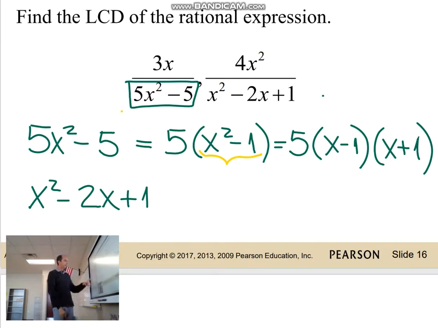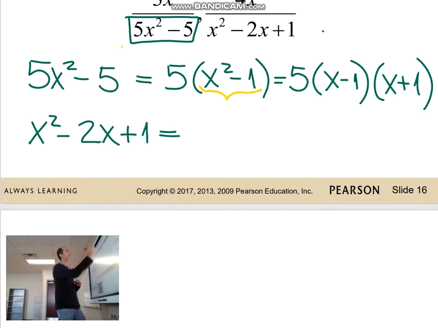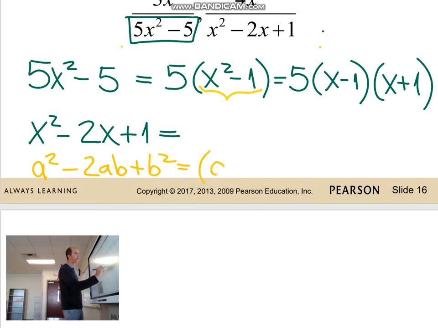Now the next one, check this. X squared minus 2x plus 1, well, this is another formula that we can also use. You have to remember section 5.7, a squared minus 2ab plus b squared equals (a minus b) squared, right?